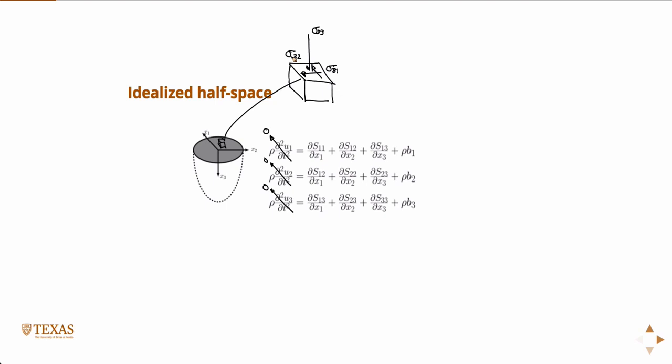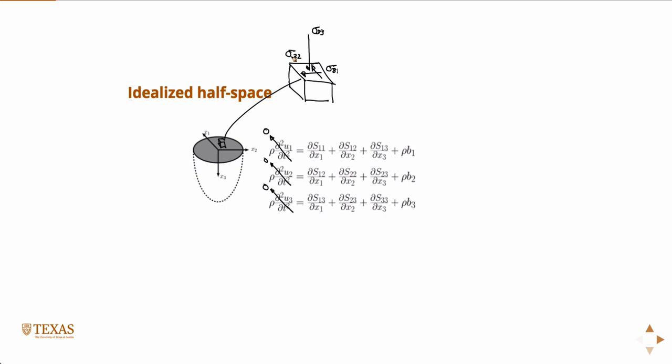So we've already determined that because the gray shaded area is in contact with a fluid, and fluids don't impose shear stresses, the shear stresses on the surface must be zero. So sigma 3.2 and sigma 3.1 must be zero.